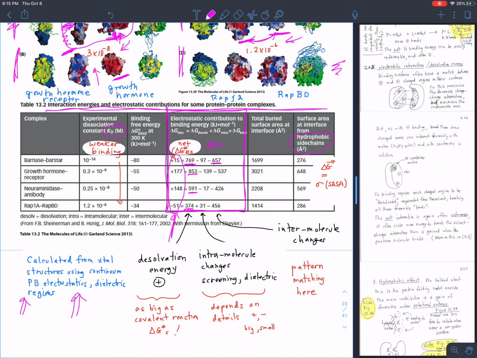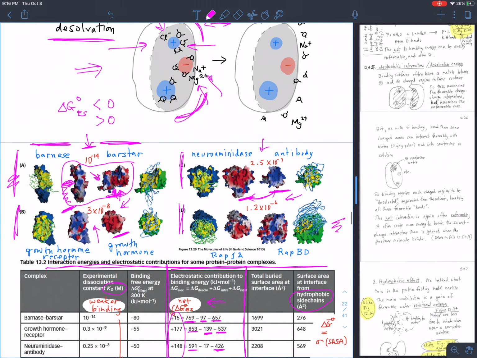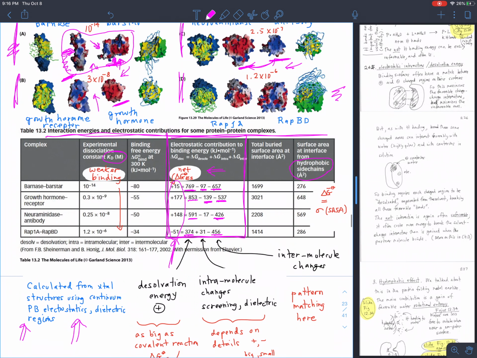This last number is the pattern matching energy. And the middle number, we haven't really talked about this, but that's the change in the energy caused by the fact that when you bring these two proteins together, the charges shift around and move on the surface, and they tend to do that in somewhat favorable ways, and that gives also a change in the overall electrostatic energy.